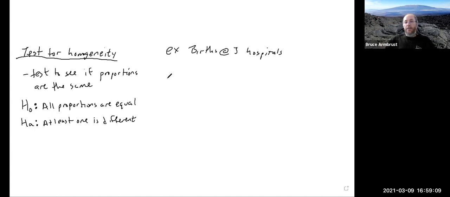And we're going to look specifically at what proportion of them are cesarean section births as opposed to a standard vaginal canal birth, okay? So here are basically our categories: cesarean versus non-cesarean.